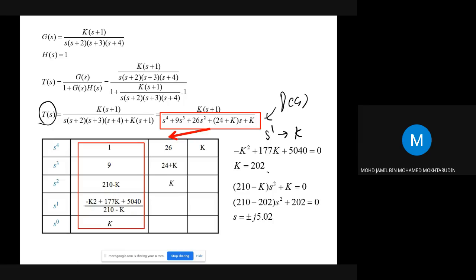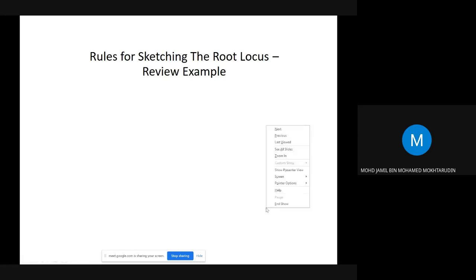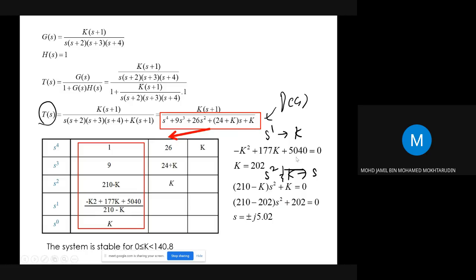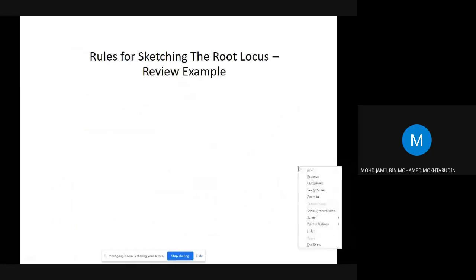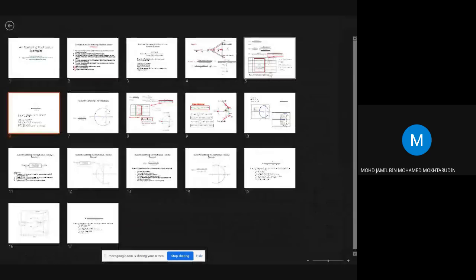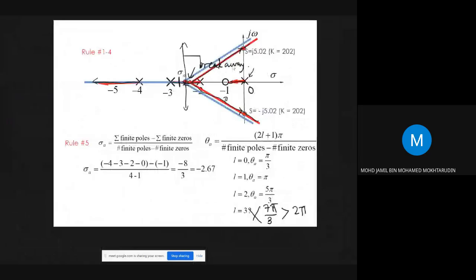And then use the row s^2 and K to get s. So this is the value of s, the jw axis crossing. Okay, itu je cara dia. You can try this example in the slide later, okay?